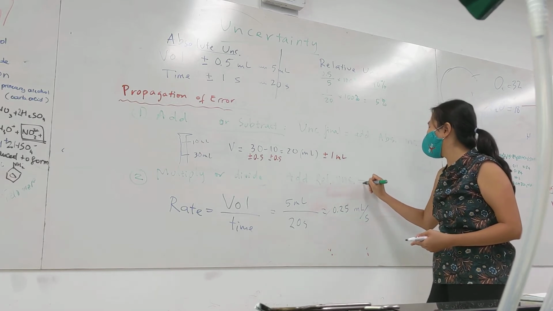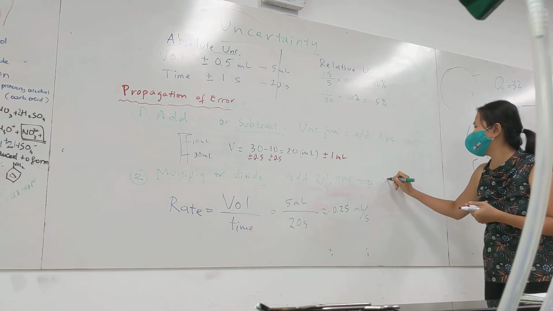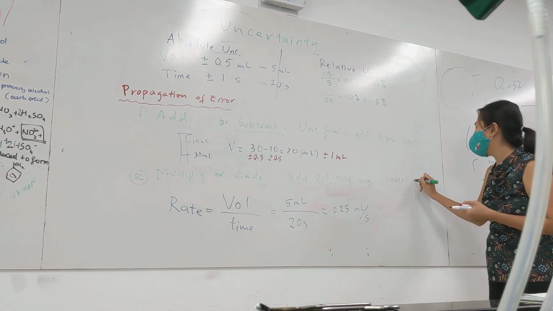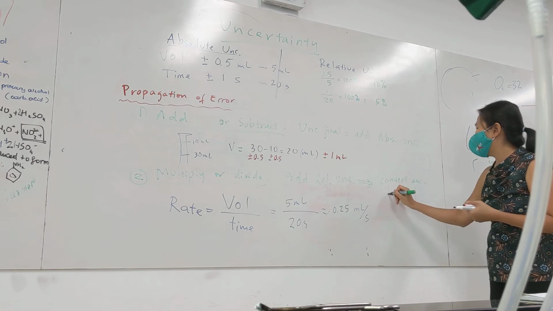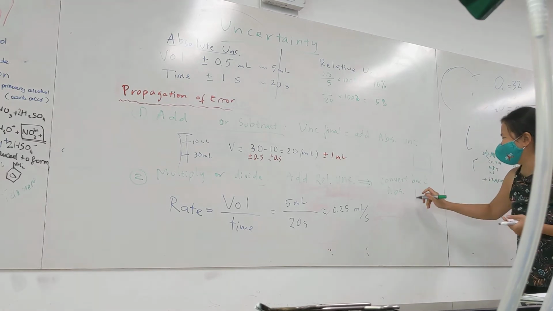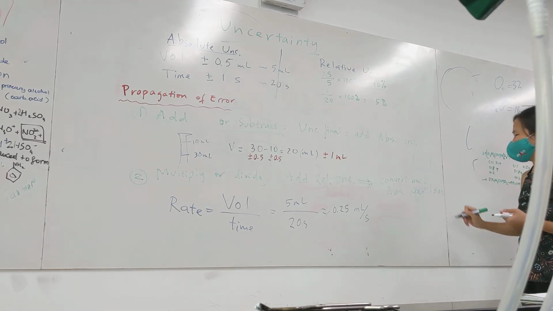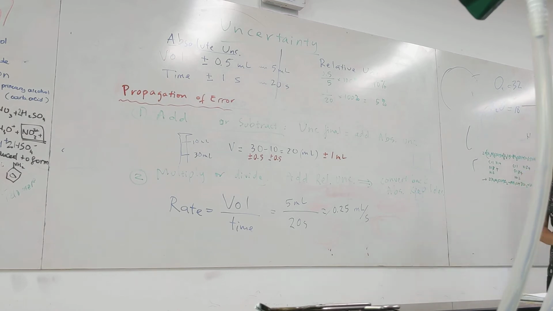And then convert it back to absolute uncertainty, keeping one decimal.